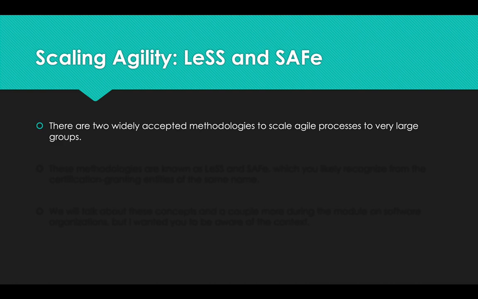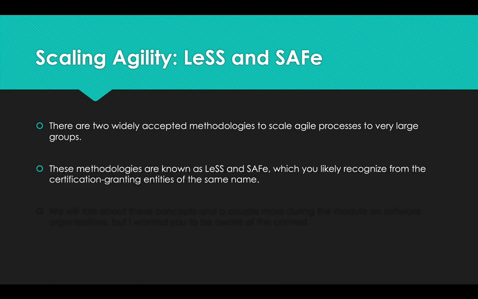So there are 3 or 4, but really increasingly 2 extremely widely accepted methodologies to scale Agile. These are known as LeSS and SAFe. You likely have seen these if you have been on LinkedIn for more than about 5 or 6 minutes. These are certifications that you can receive through certification granting entities that have the exact same names.